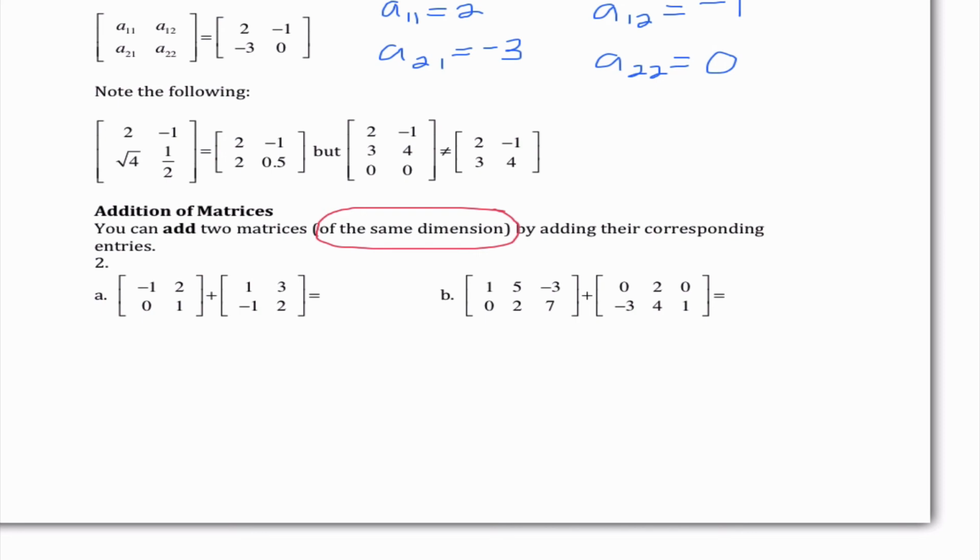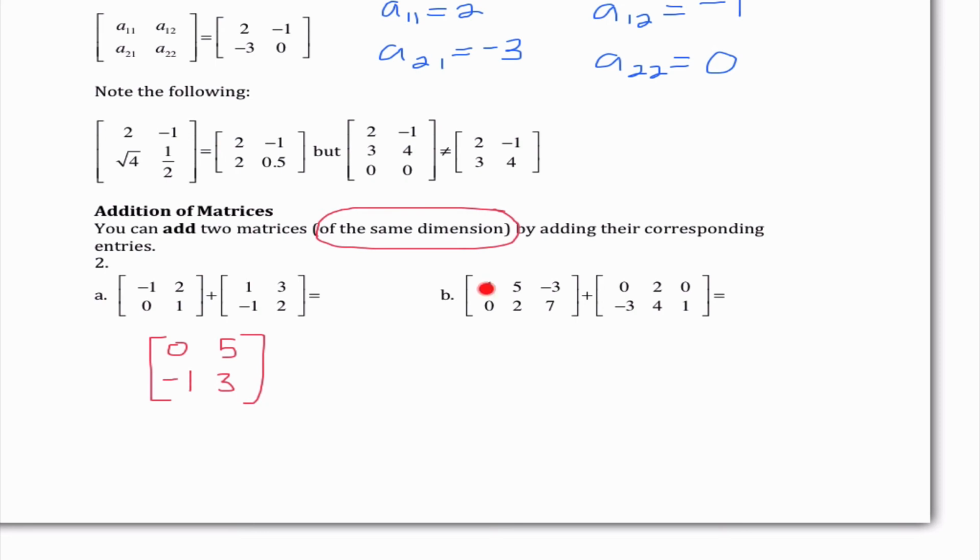So for number 2, for part A, negative 1 plus 1 is 0. 0 plus negative 1 is negative 1. 2 plus 3 is 5. 1 plus 2 is 3. And it really is as straightforward as that.